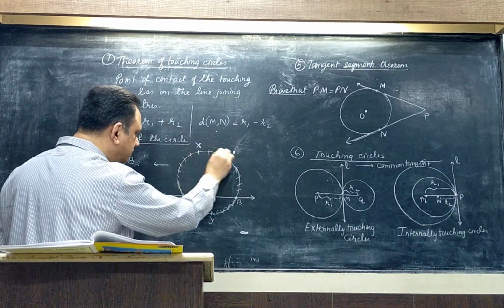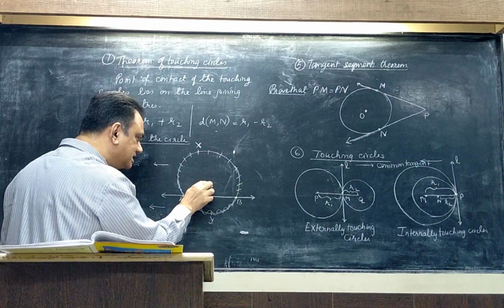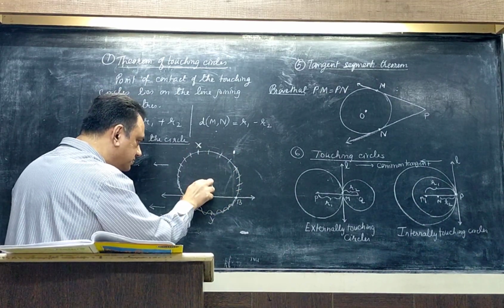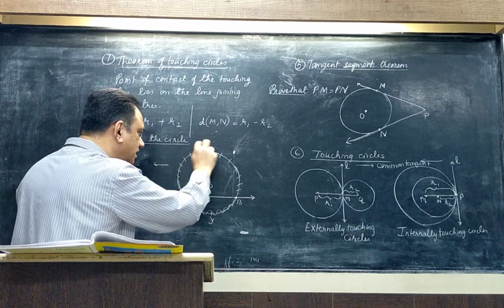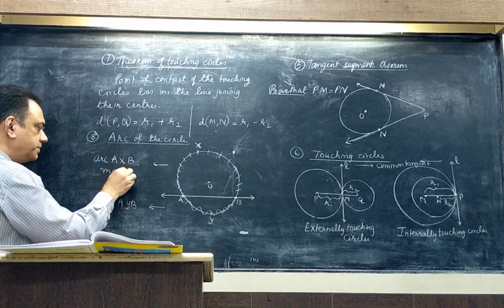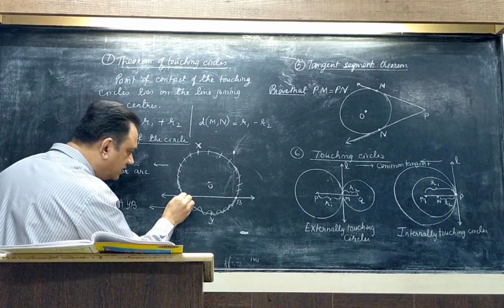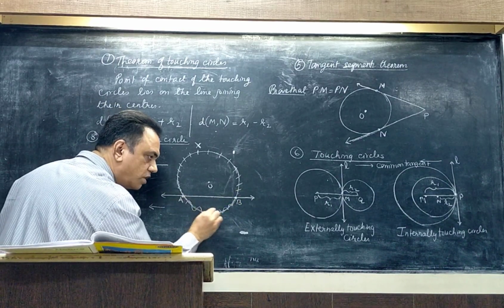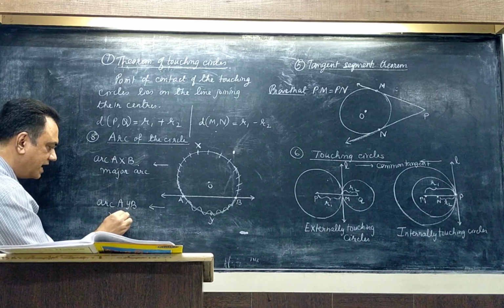Now one more thing regarding this. If you look at this arc AXB, does this arc have the center in it or not? The center is there in this arc. So it's called the major arc. So arc AXB is the major arc. And this arc does not have the center, so it will be called the minor arc.